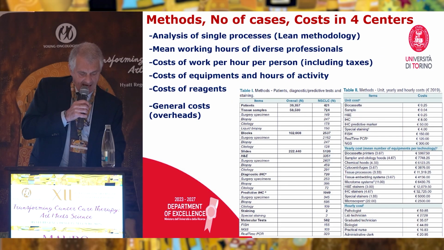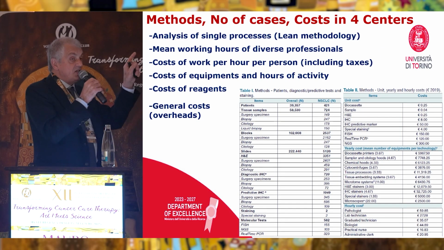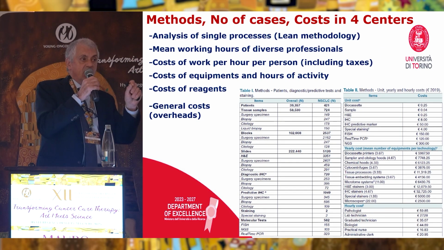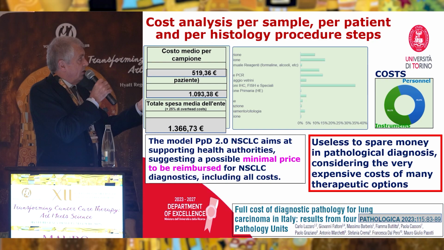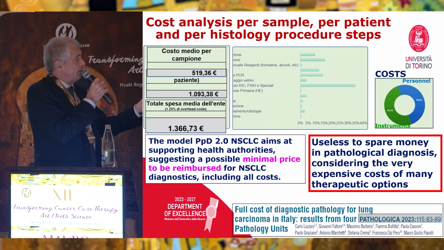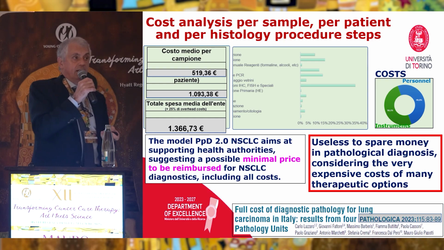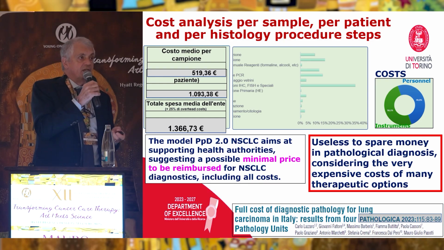And we found actually a very detailed analysis of the different reagents, costs, slides, personnel, and everything. And we ended up with an impressive cost. So it is 500 euros per patient for the biopsy, and over 1,000 euros for the complete diagnosis, including the markers and everything.